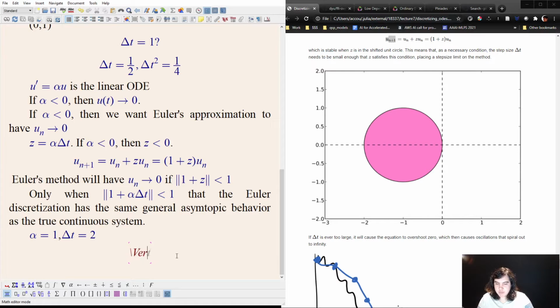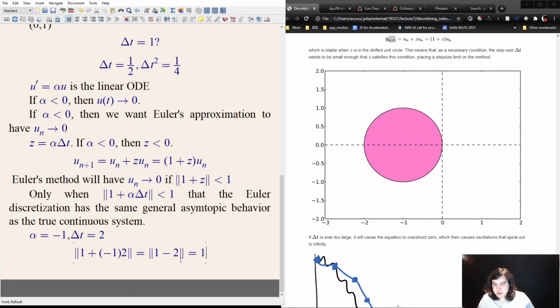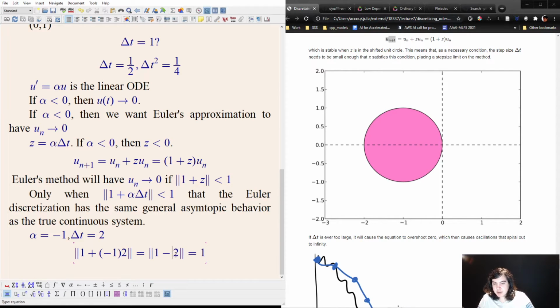Then we get 1 plus (-1) times 2, which is 1 minus 2, the norm of which equals 1. If I made delta t any bigger, this would no longer satisfy the condition.